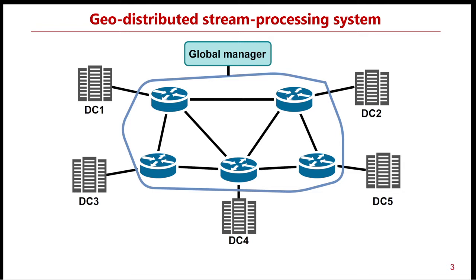Even though these applications could process a massive amount of data, their application in the WAN scenario comes with several constraints and fundamental challenges such as resource management in a geo-distributed setting.